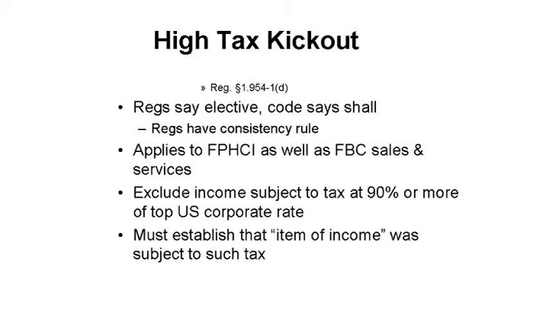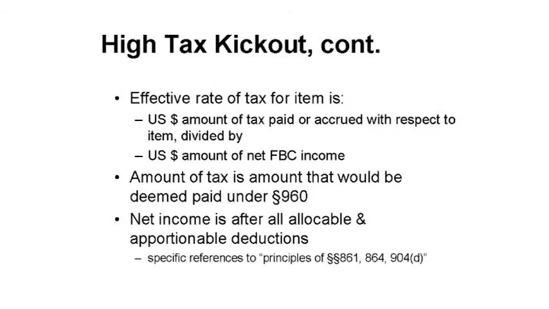Items of income are not considered Subpart F income if they are subject to an effective foreign tax rate greater than 90% of the U.S. corporate tax rate. As with the high tax kickout, income and deductions are computed under U.S. and not foreign rules, and the foreign tax paid or accrued is compared to this net income.